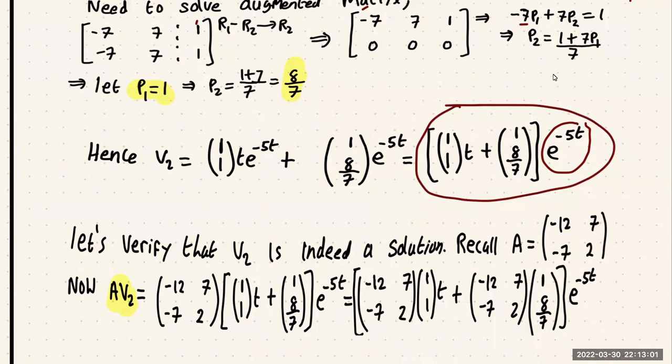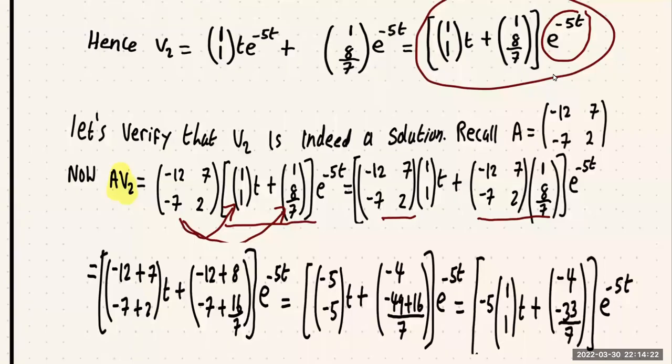Then I can break this up. I pretty much distribute, so your matrix times your (1, 1) vector, and your matrix times your (1, 8 over 7) vector. That's what I've done here. And now let's multiply these out.